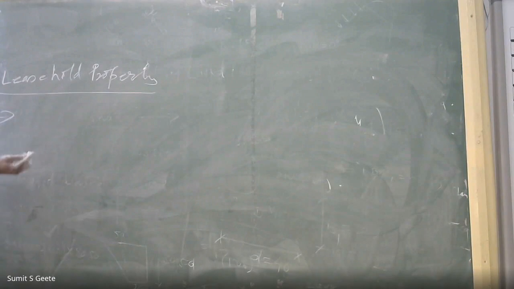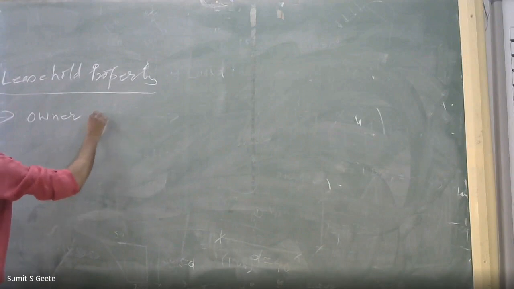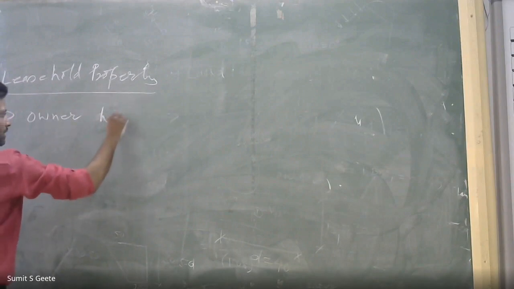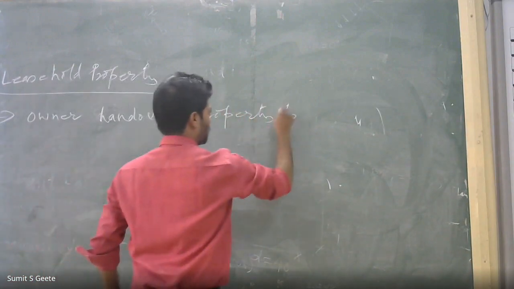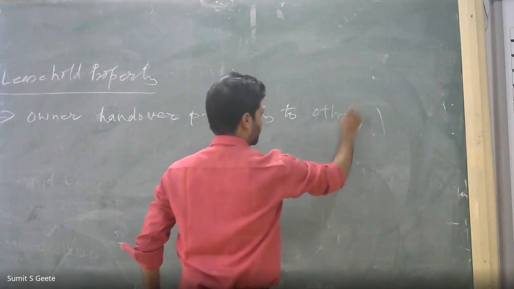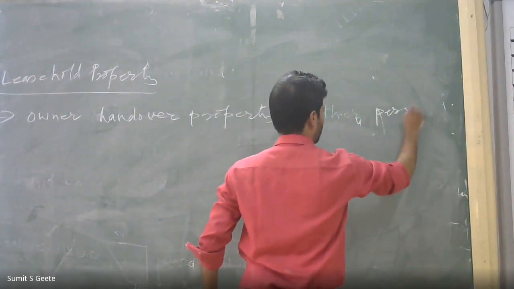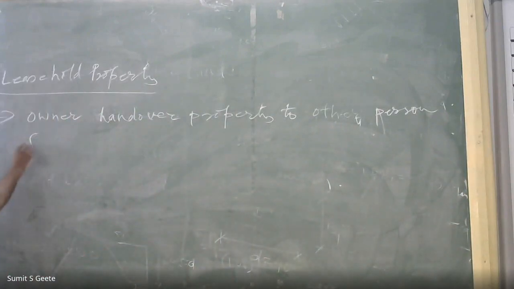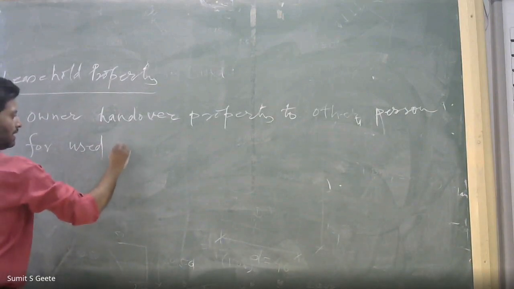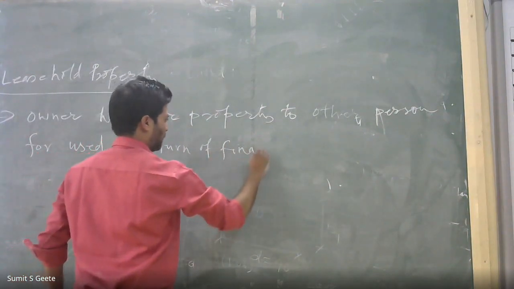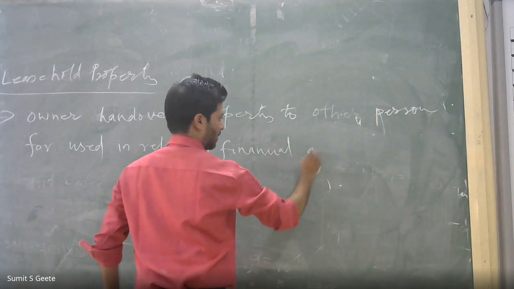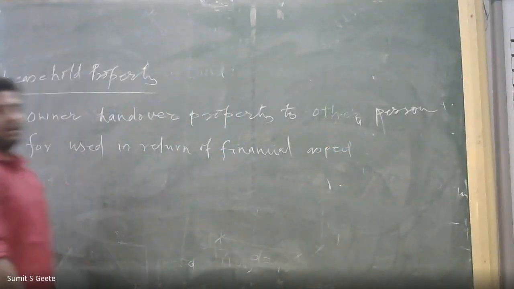So in this case, the owner gives or hands over the property to another person for use in return of a financial aspect.